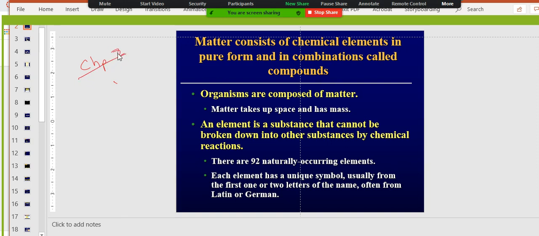I was watching The Chase. I don't know if you guys have seen this show, but it's a new game show. It's kind of a spinoff of Jeopardy, and it has those champions like Ken Jennings and things like that. And one of the questions they had was, what is the basic science that other sciences are built upon?